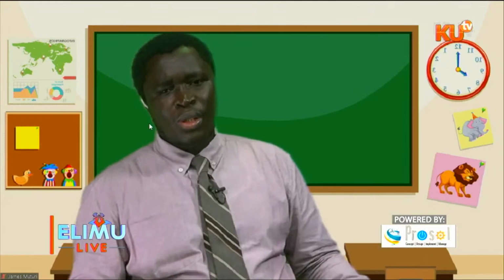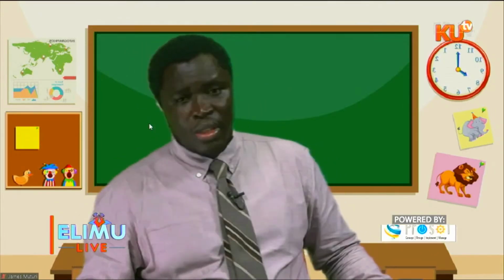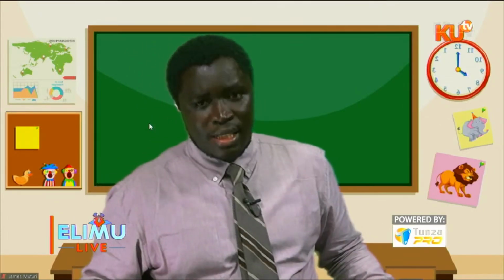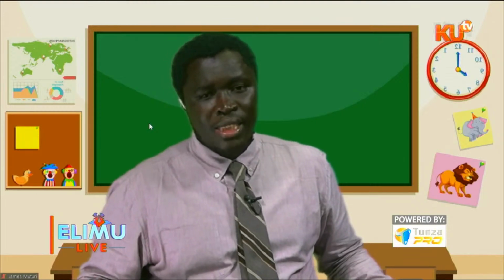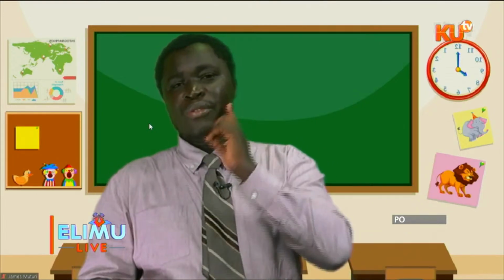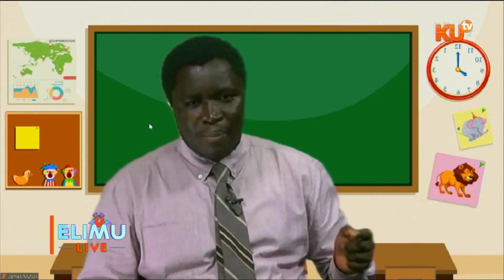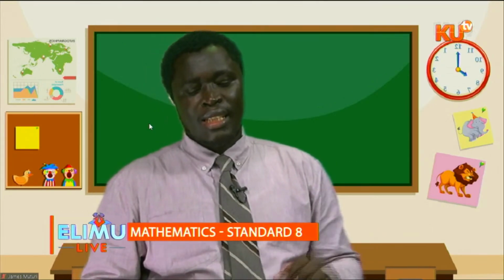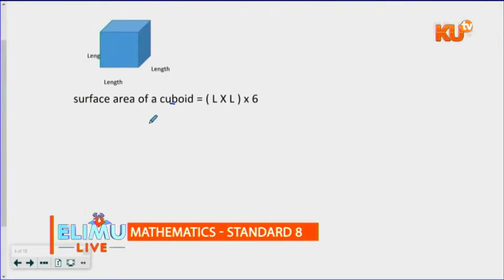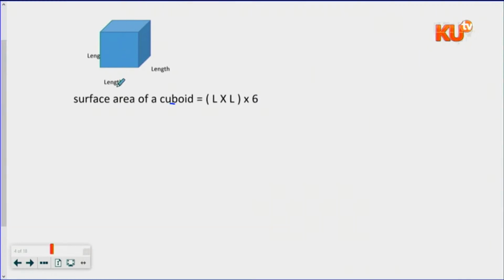So getting the surface area of a cube is a bit easier. We simply get the area of one face, then multiply by 6, because all the faces are 6. As we can see here, we have face 1, face 2, face 3, face 4 the other side, face 5 on top, and then bottom.